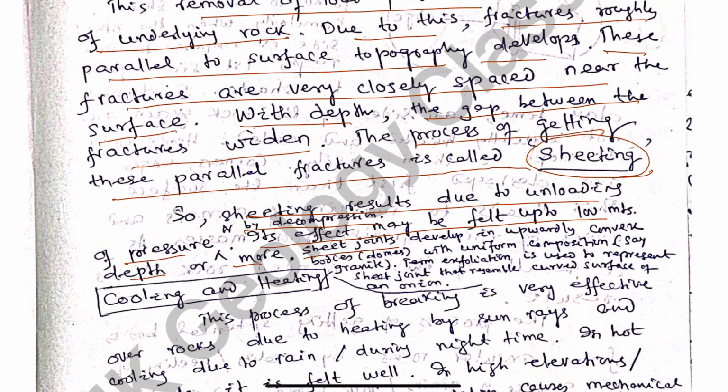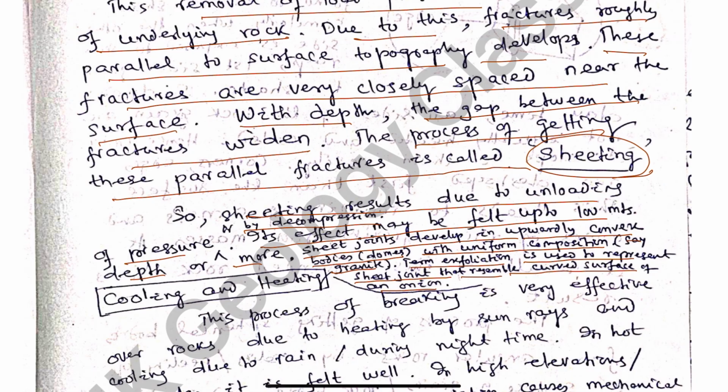The sheet joints develop in upwardly convex bodies such as domes with uniform composition. The rock should be of uniform composition, as is found in the case of granite. The term exfoliation is used to represent sheet joints that resemble curved surfaces of an onion, where thin flakes of rock matter get separated from the rock bodies.